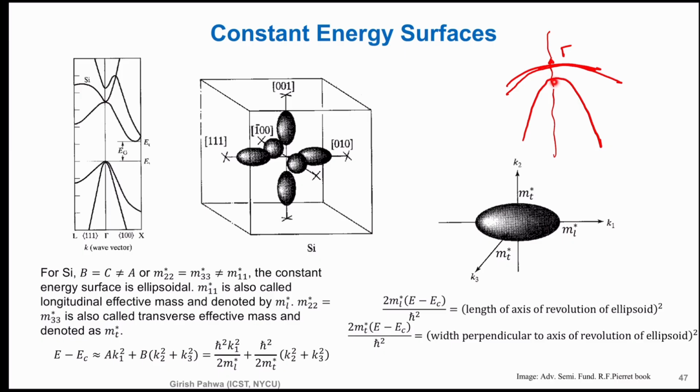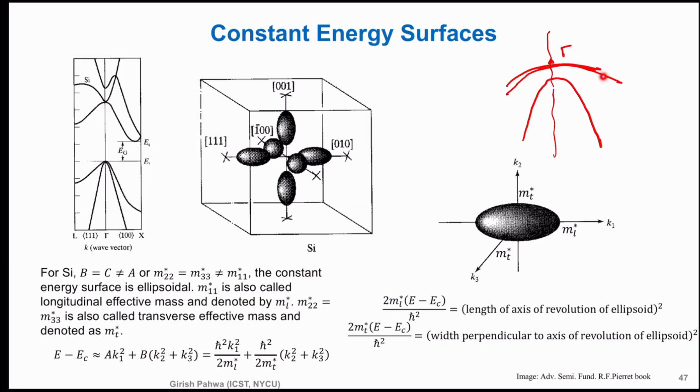So all of these three are important, but because this is a little split off, sometimes we simply ignore this and only consider these two. So now you have this and this. One of them will be larger, one of them will be smaller. The larger one is called MHH, heavy, and the lighter one is called MLH, light hole.